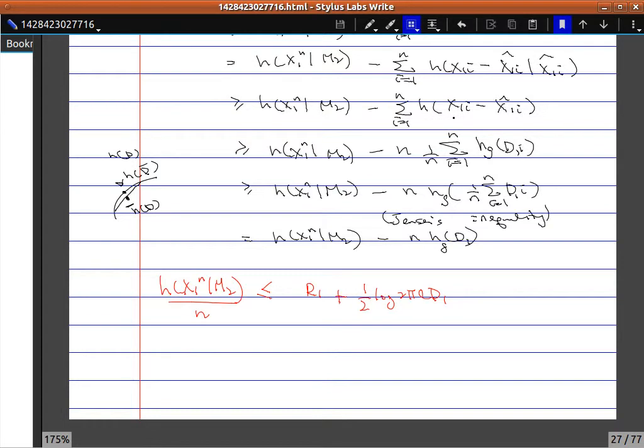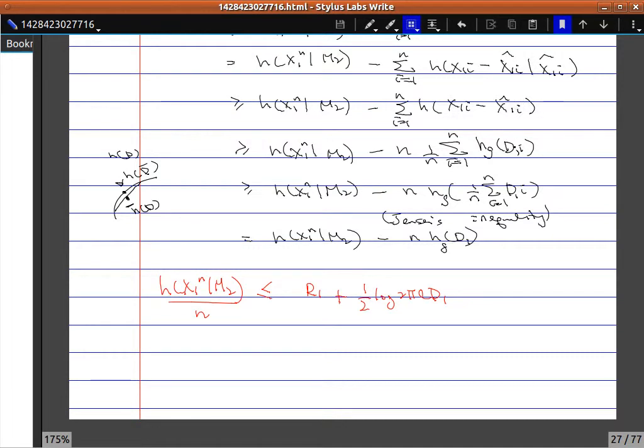Now we only have an entropy of some random variable here, and this is essentially the distortion, right? Because this is the difference between the original and the decoder output.